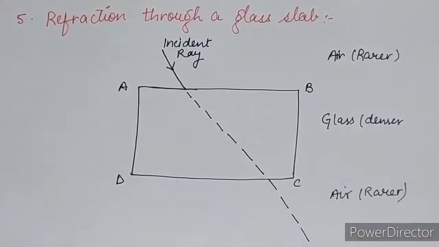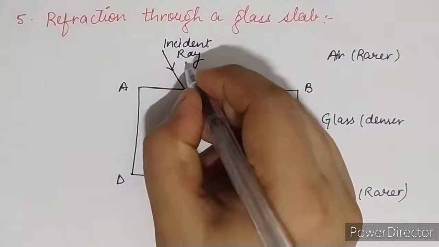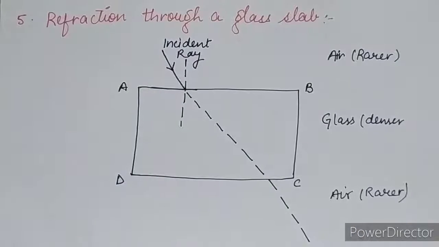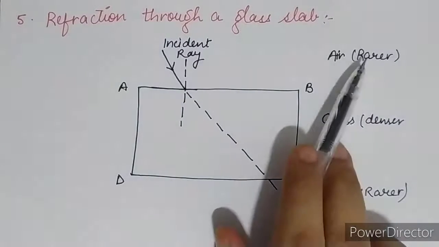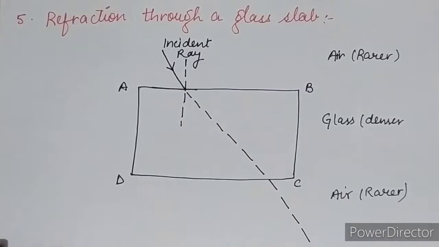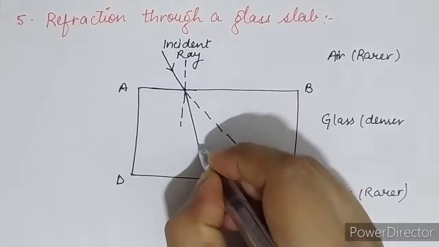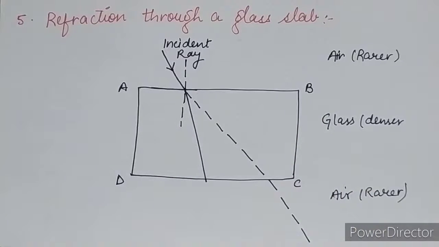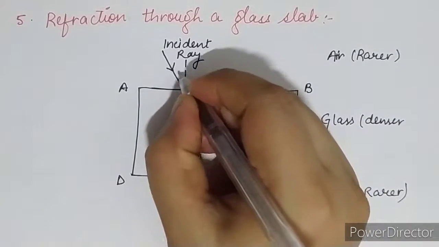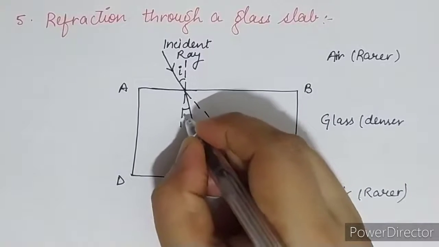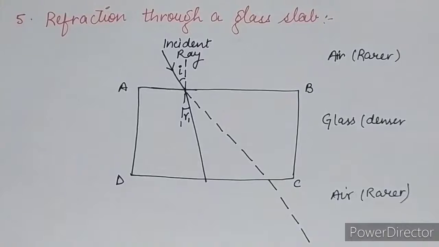But there are different media present, so I am plotting a normal line. When the light ray enters from rarer to denser, it moves towards the normal. So from here it moves like this, towards the normal. This is your angle of incidence i. This is the first refraction, so the angle of refraction is r1.